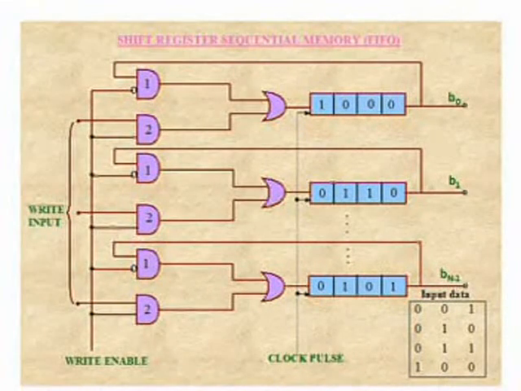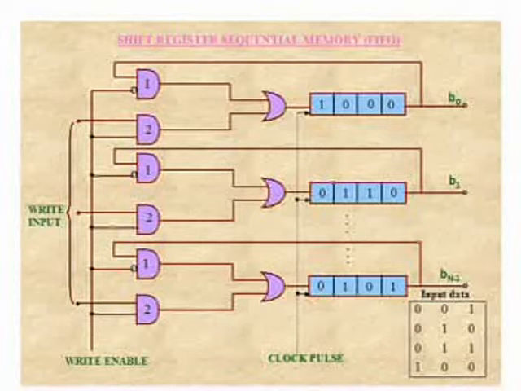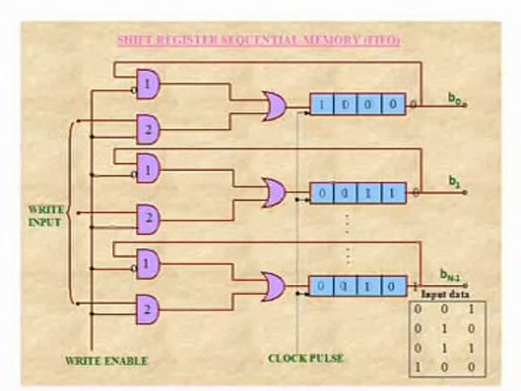Similarly, all the data can be entered. While reading, we have to make write enable equal to low. When you make write enable low, because of the inverter, the first AND gate is enabled and the second gates are disabled. So during the reading operation, the first data will come first.